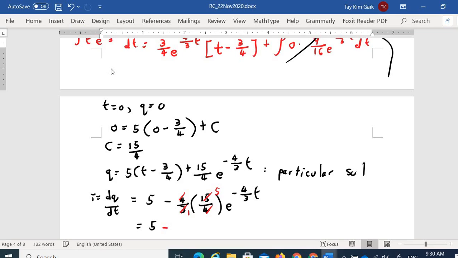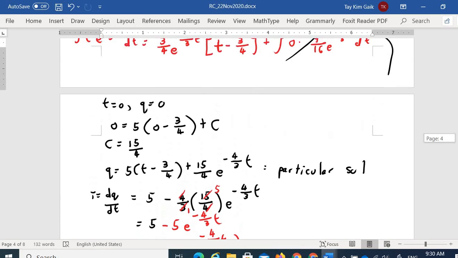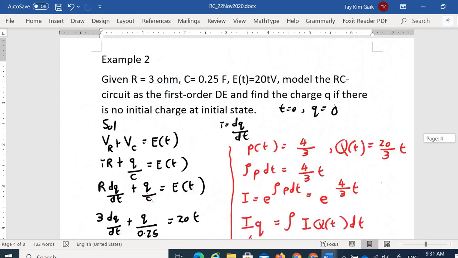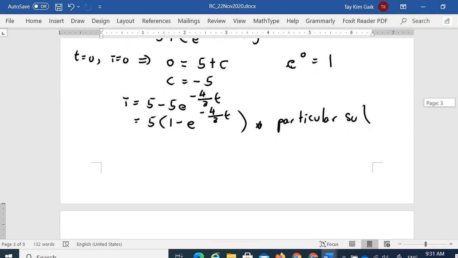So you get 5 minus 5 exponent negative 4 over 3t. Factor out 5: 1 minus exponent negative 4 over 3t. Let's check against example 1, where we modeled the RC circuit directly in terms of I. Yeah, we get the same thing: 5 times 1 minus exponent negative 4 over 3t.